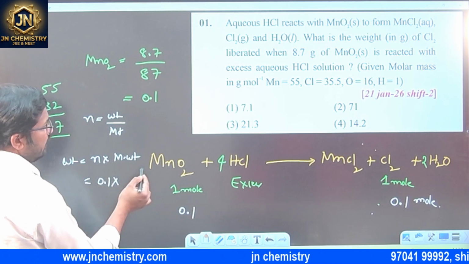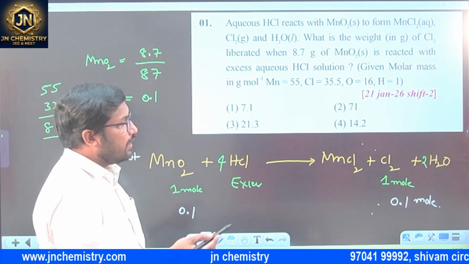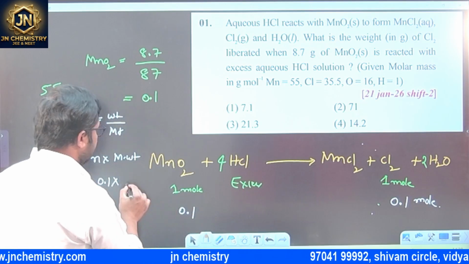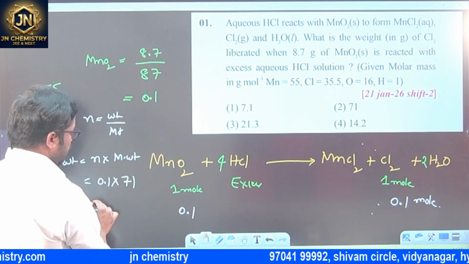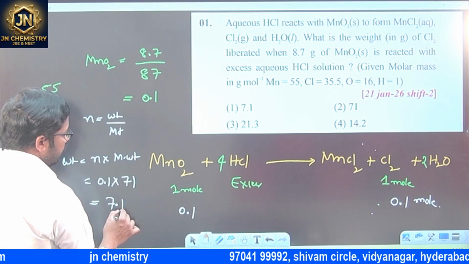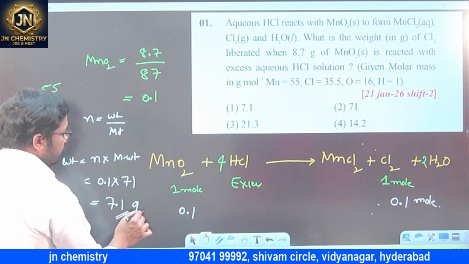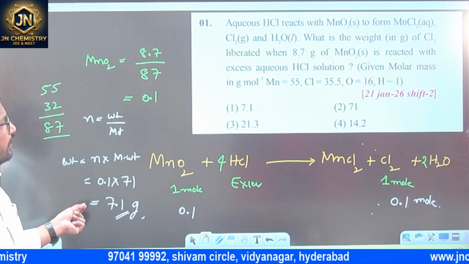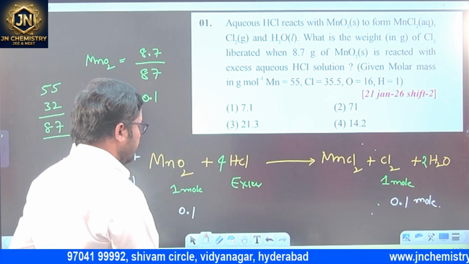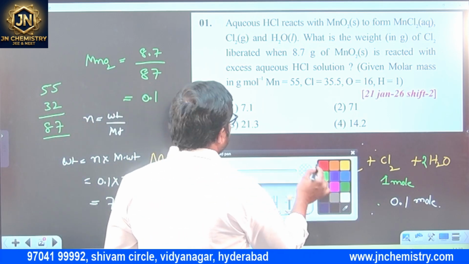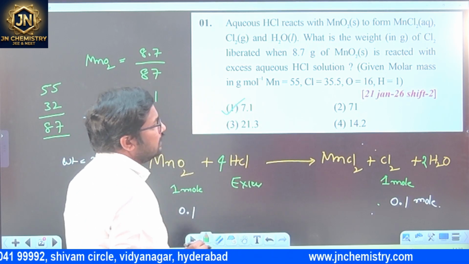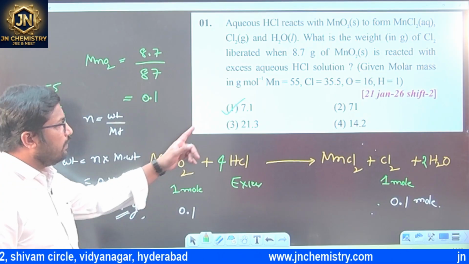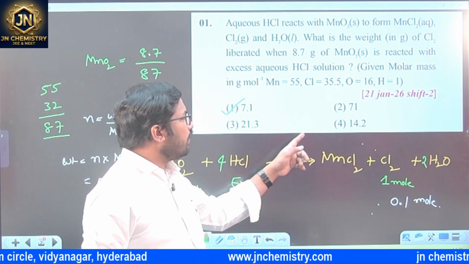Molecular weight of chlorine, Cl is 35.5, Cl2 is 71. So we'll get 7.1 grams of chlorine. 7.1 grams of chlorine means obviously option 1 is the correct answer.